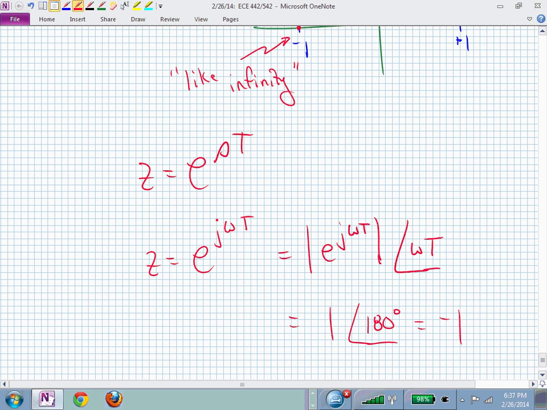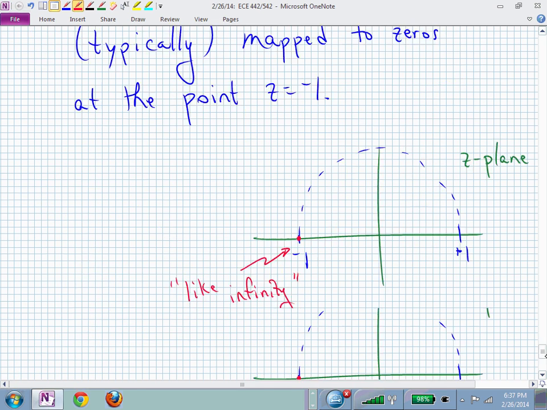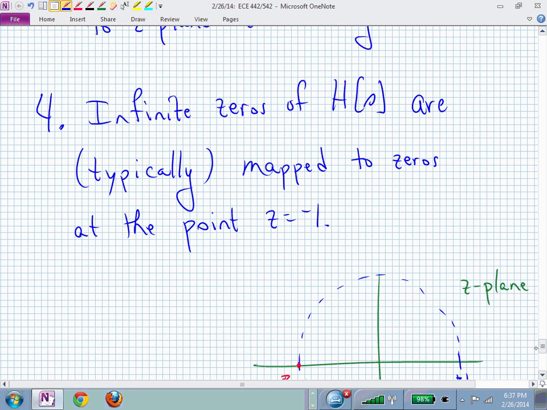Now, what do we want? We want for all of these infinite zeros, and that's related to the pole zero excess. How many more poles do we have than zeros? Let's say we had 2. Then for every one of those infinite zeros, we need a zero factor that when z is equal to minus 1, it vanishes. So z plus 1, if we substitute z equal to minus 1, that will vanish. And that's the factor that we will use in the numerator to represent zeros at infinity.